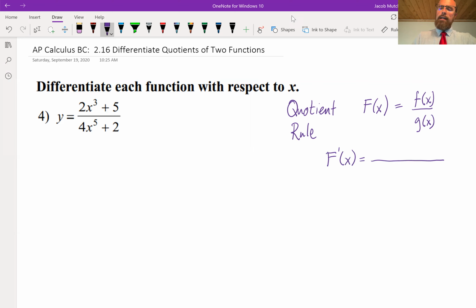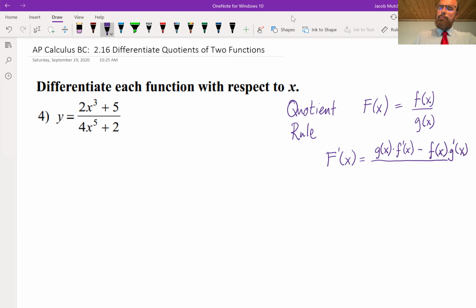It again is a fraction itself, and it's the difference of two products. The first product is g of x, just the original function, times the derivative of f of x, and then we're going to subtract, and we'll do a switch: f of x times the derivative of g of x.